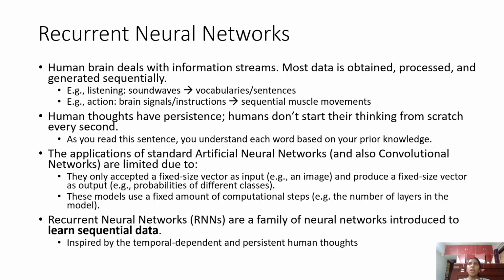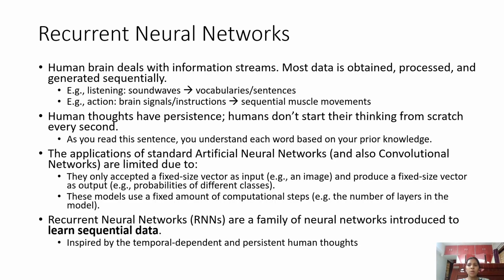A lot of processes happen inside the human brain with several neurons connecting, and it has its own memory, and all this happens in milliseconds or less. So the human brain deals with information streams. When we talk to each other, we quote something that somebody previously said, so that means we have memory.